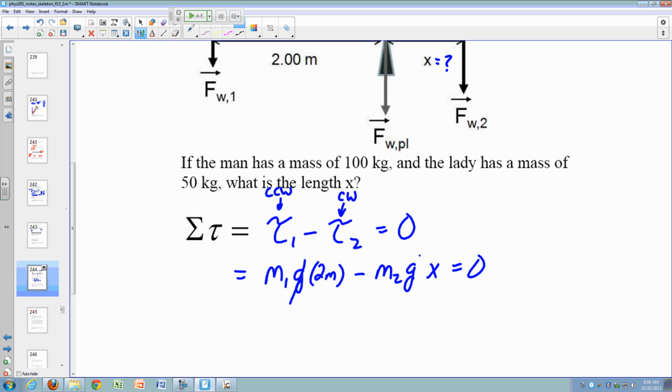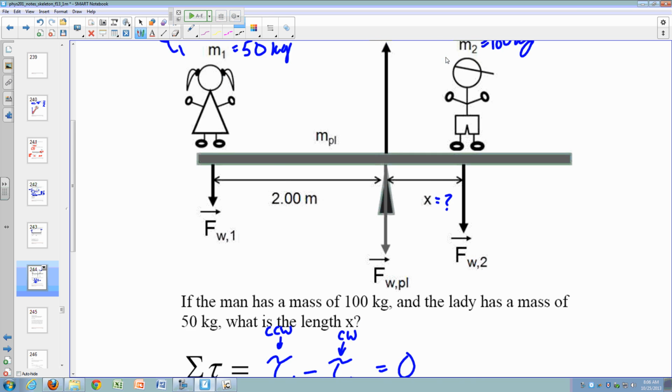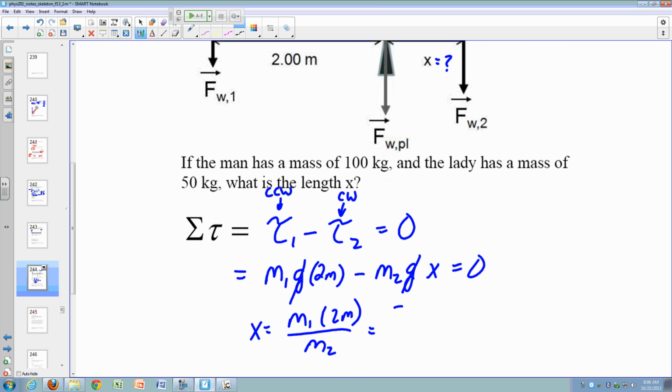The g's cancel out. x equals m1 times 2 meters divided by m2. That would be 50 over 100, which is 1 meter. So he has half the mass, so he needs half the moment arm. Or twice the mass, so he needs half the moment arm.